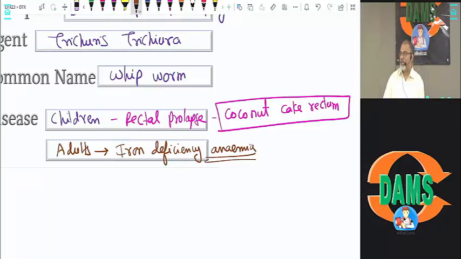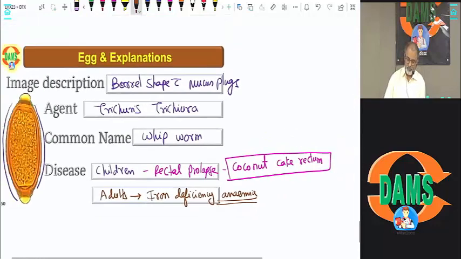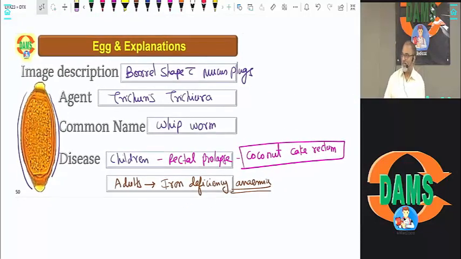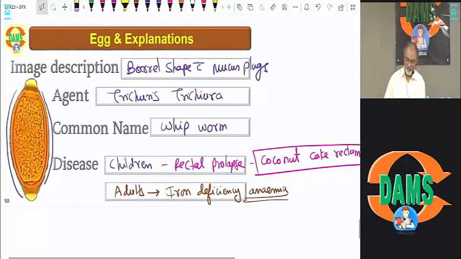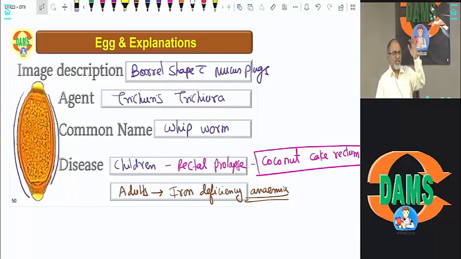After seeing the egg, you need to identify it's Trichuris trichiura because of the barrel shape with mucus plugs. After that, these 5 points are sufficient. With this, we complete 50 slides. Still a long way to go.